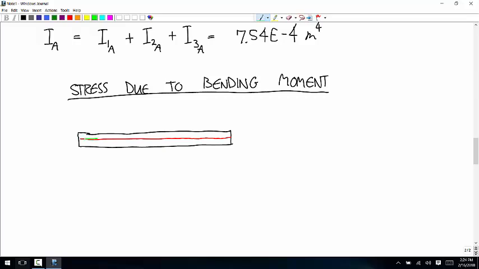So if you're looking from the side, that's the neutral axis. And let's think about the two cases of bending. I'll give these different colors. So the top, let's say that's blue, and the bottom is orange.